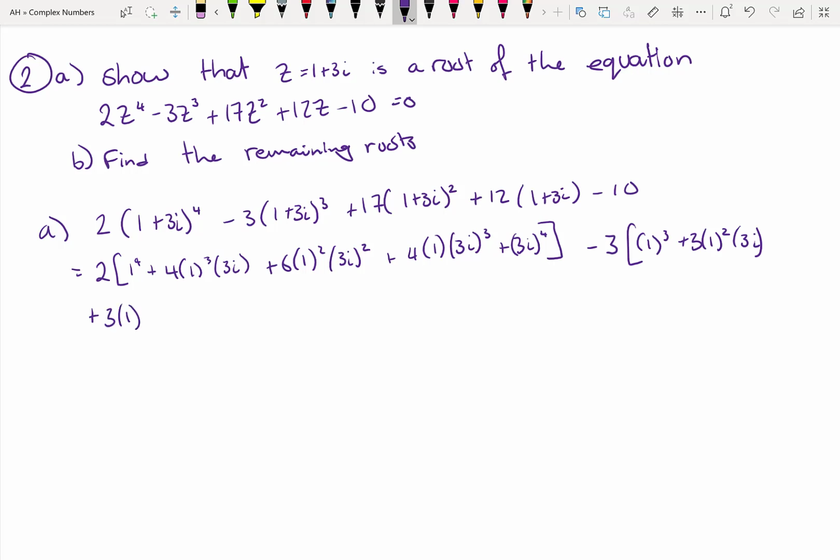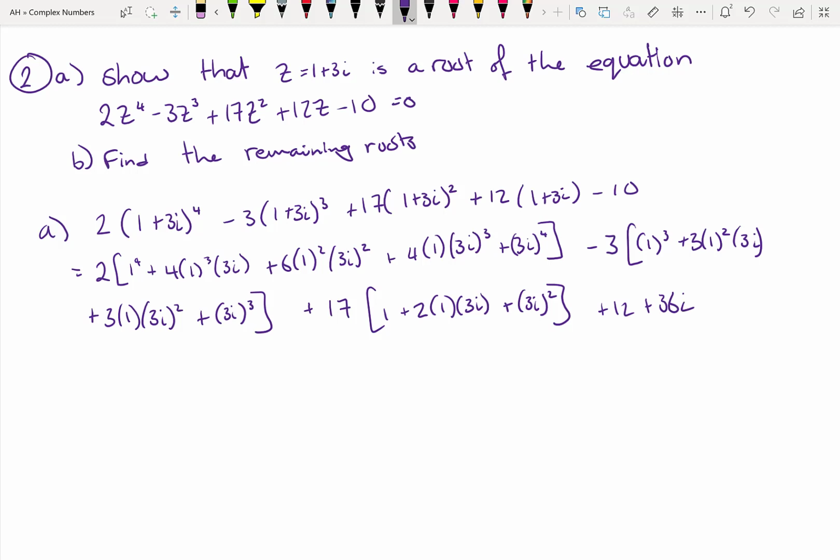You're also going to find that because of the sheer volume of the arithmetic, you're going to make silly mistakes at times. Okay, and that's going to be the number one cause of you getting it wrong as you're working through it. 1 plus 2 lots of 1 times 3i plus 3i squared, plus 12 plus 36i. Right, that one's a bit nicer.